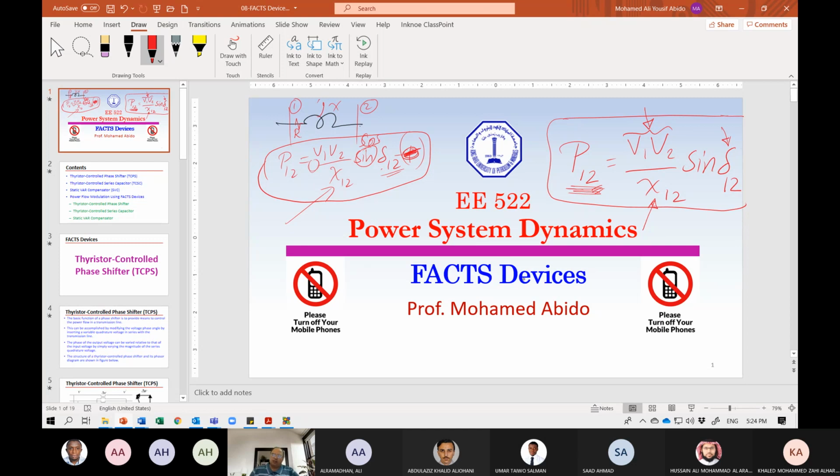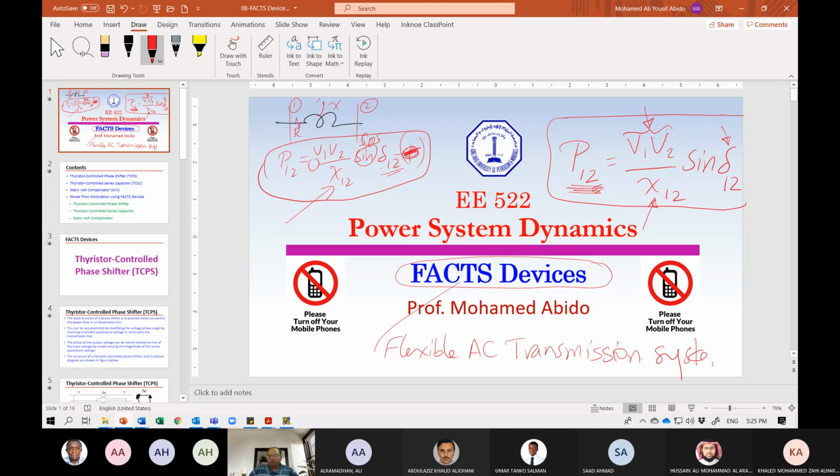And this is what we have done in FACTS devices. FACTS is a Flexible AC Transmission System. Why is it flexible?